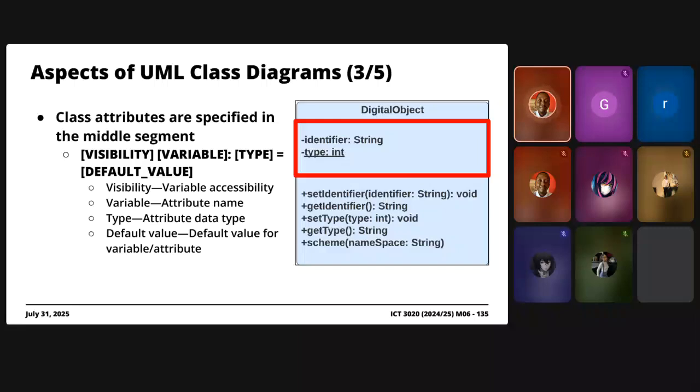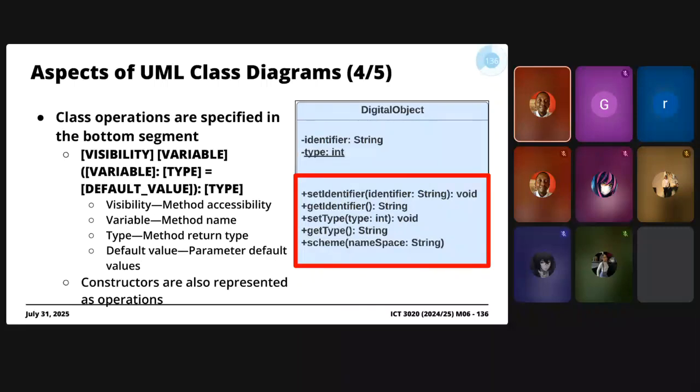But so what we see here is that, similar to your operations, you have got to specify the visibility, right? The operation name, the method name, right? And then optionally, the specifications of the arguments for the method, not the parameters.